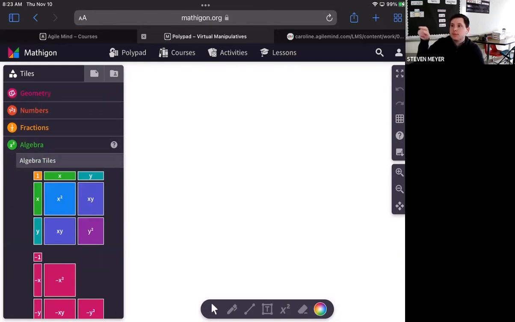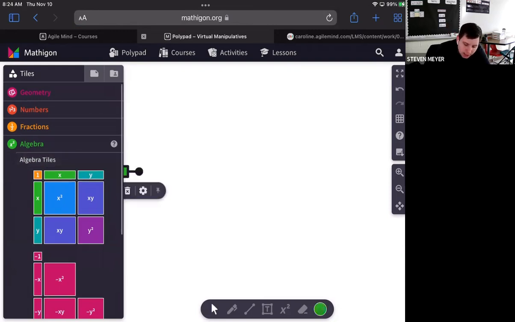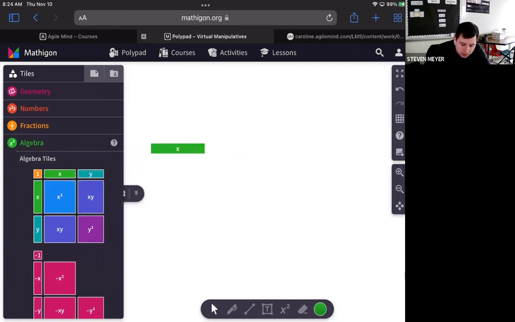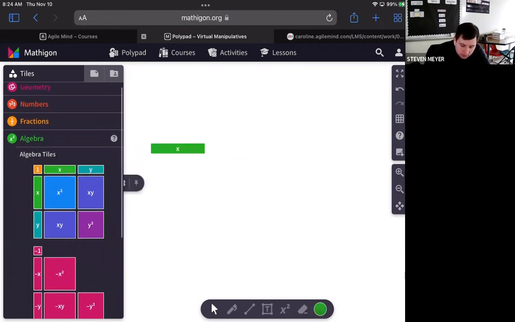So here we're doing the same thing where we're setting up pretty much an area model, but in this case, instead of using numbers, we're going to use tiles. So x is on top, and then I have another x next to it.